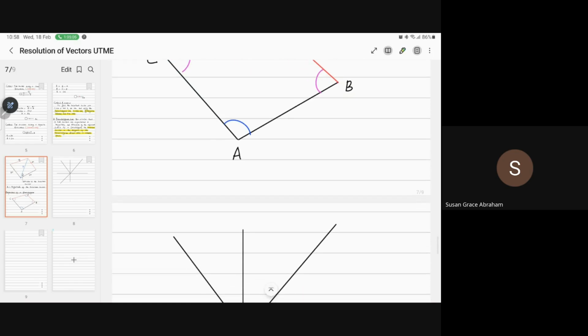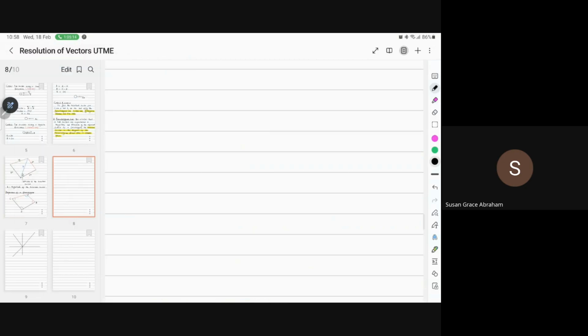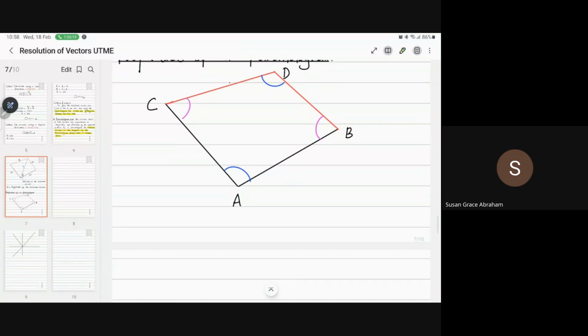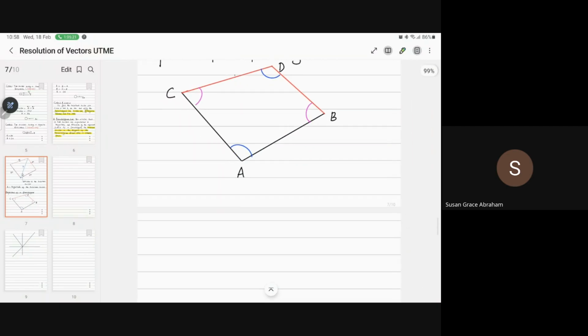Now, it's important that you take into account the following. And what are the following I want to take account of?